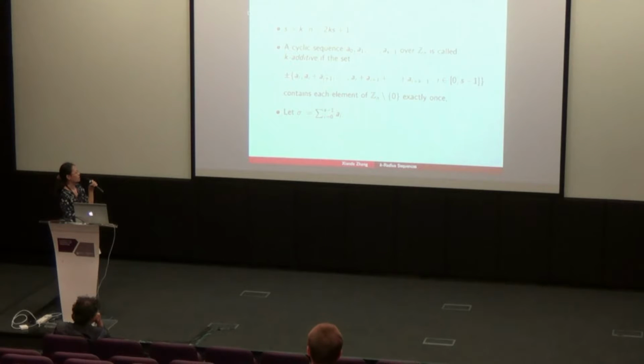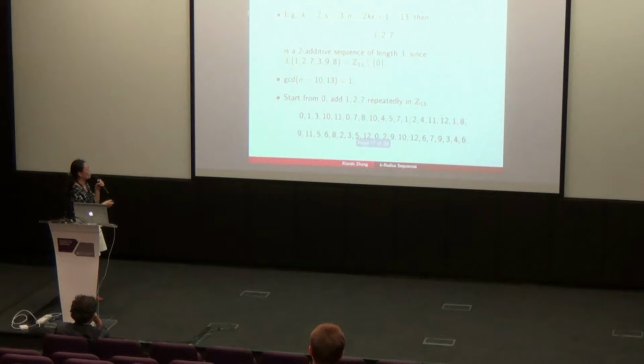Then take the positive and negative, so we have 2ks values here. We need it to be equal to Z_n minus 0, so each non-zero element appears in this set exactly once. This is called a k-additive sequence. And we denote sigma as the sum of all the terms in the cycle.